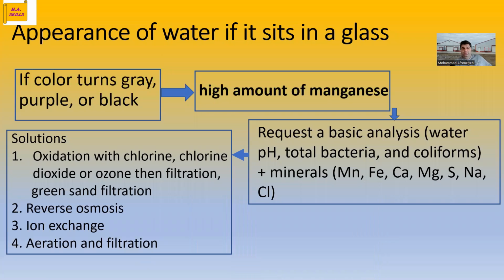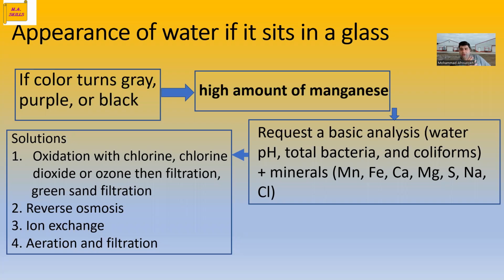What else? You need to run a separate test. It means that you need to collect a water sample in a glass and let it sit for minutes to hours, and look at the changes.